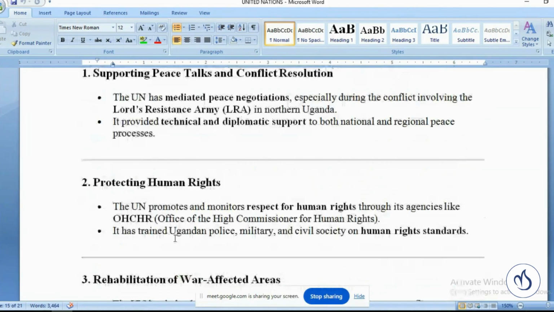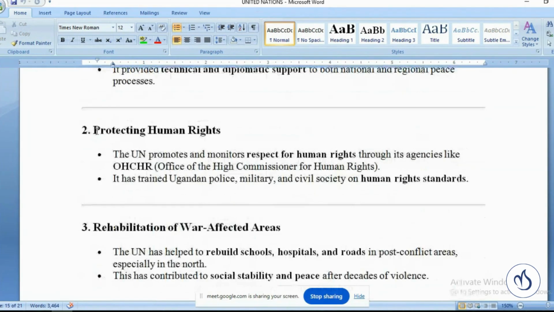Another one, we have protecting human rights. UN also protects human rights in our country. It monitors respect for human rights, I told you, regardless of race. Its agencies, like the Office of the High Commissioner for Human Rights, we have it here in Uganda, see that human rights are highly protected, not violated.